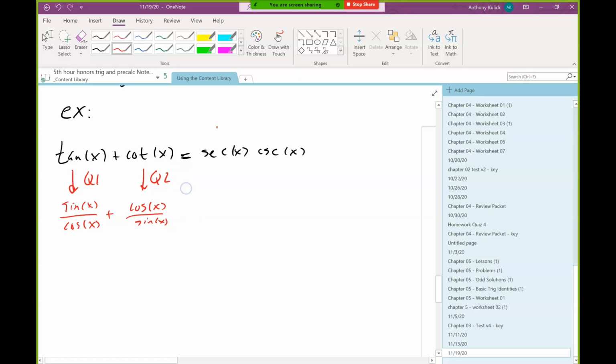Now I'm going to list the name of the identity that I use while I'm doing the notes. That's not really a requirement for you. What I'm really looking for when you do these proofs, though, is clarity in what you're doing. So don't do too much in one step. If you're doing something kind of sneaky, if you want to label the identity that you used, please do that.